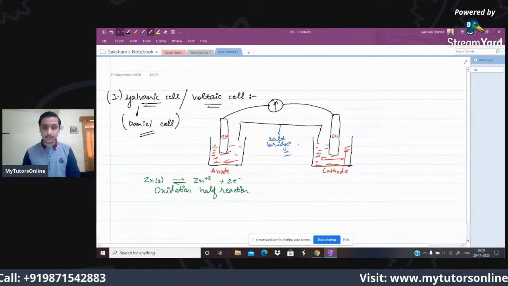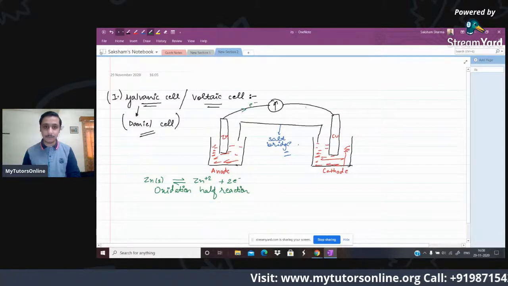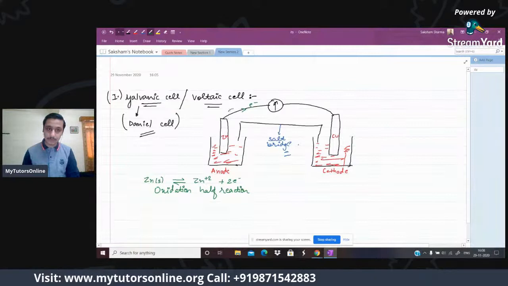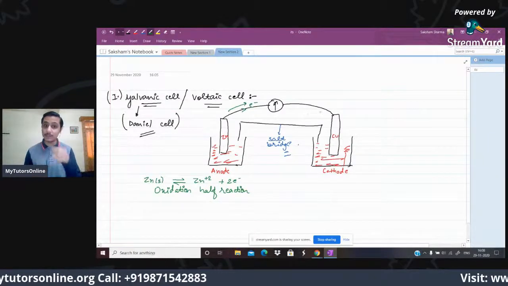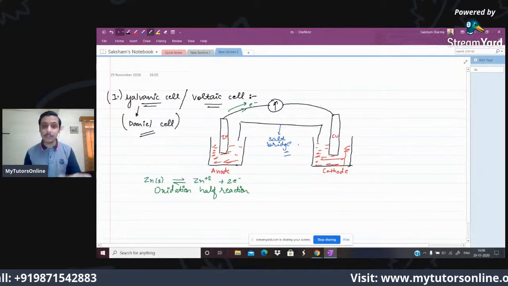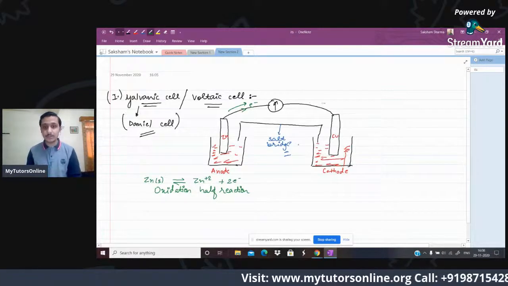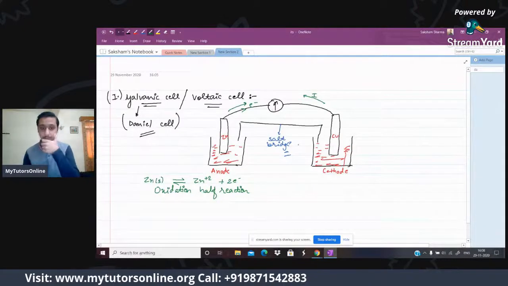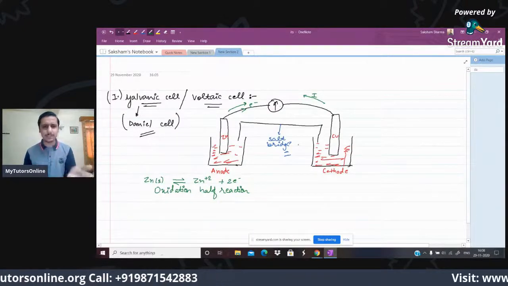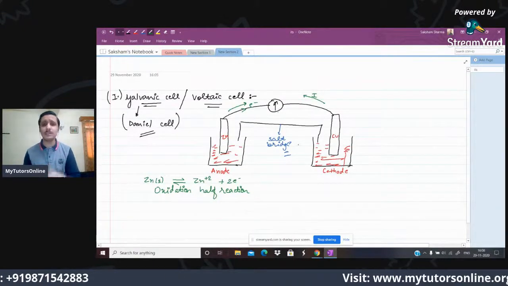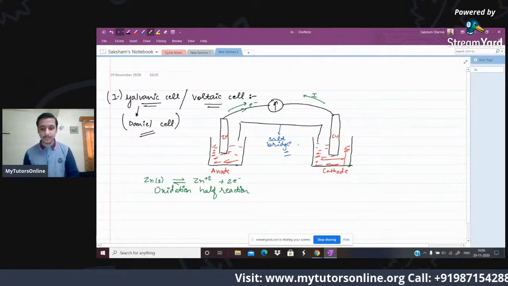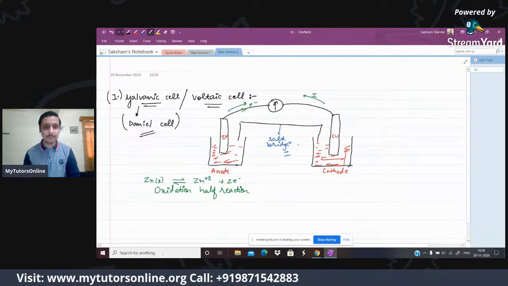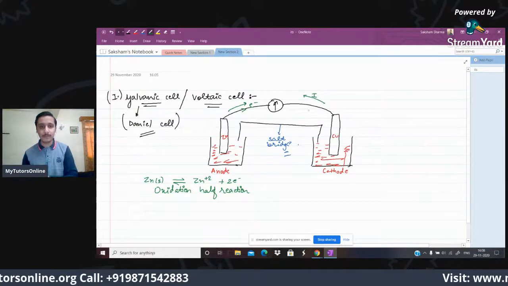Now, your electrons will move from here, and electrons are moving in this direction. So the direction of electric current is definitely opposite to the direction of flow of electrons. Now, this is your galvanometer, basically to detect whether there is a flow of current or not.